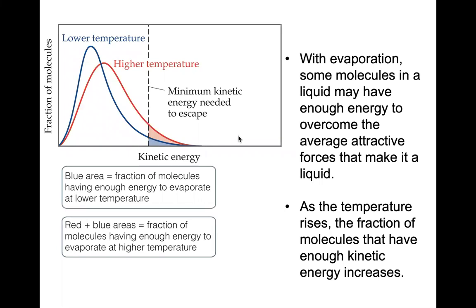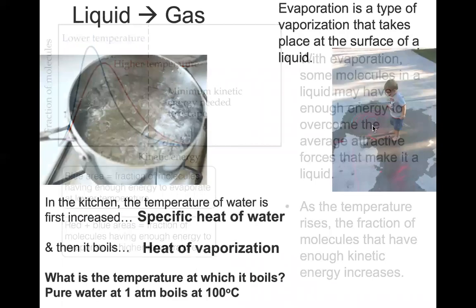So the way it can evaporate off, even at a relatively low temperature, is that you can have some particles above this threshold value, above the amount they need in order to evaporate and leave. If you raise the temperature, if it's a sunny day, you have even more above that threshold value. But my point is that it's okay to have this kid standing in the water.